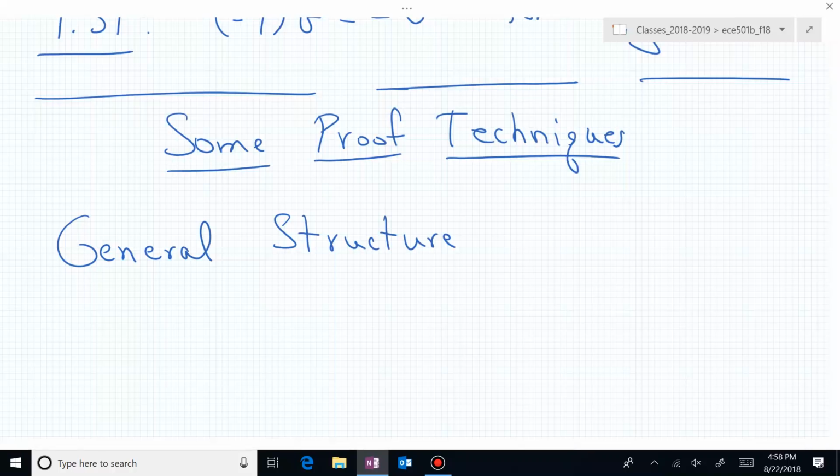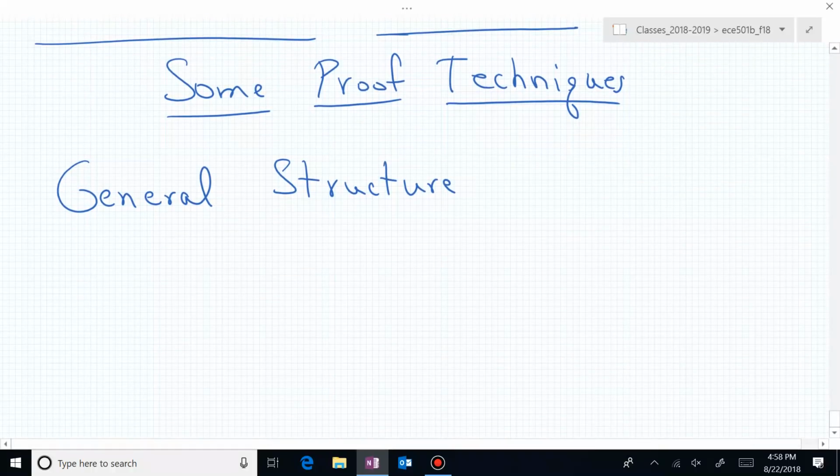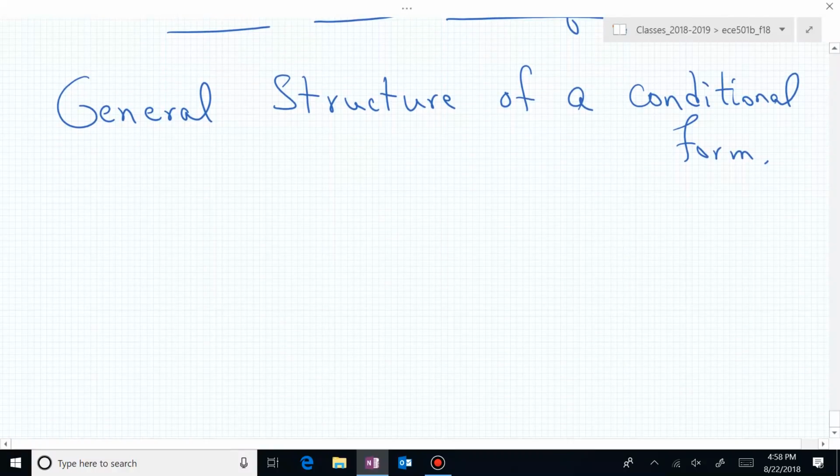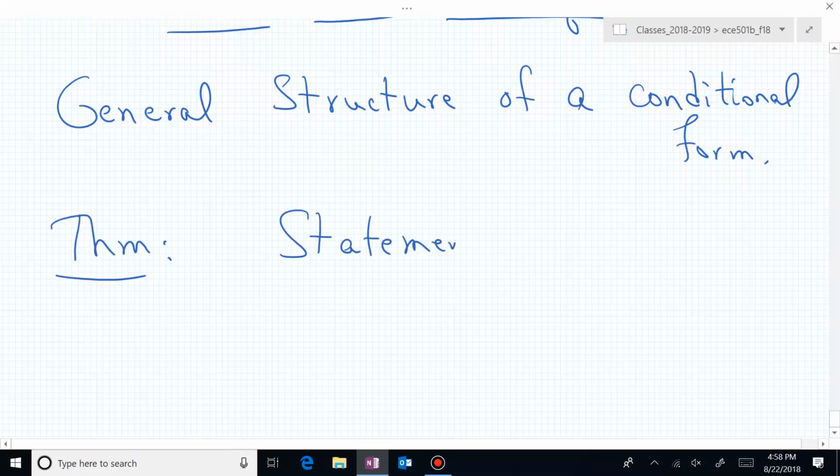There are other ways of thinking about a structure, but let's concentrate for now on a conditional form. The theorems that we will look at really have one statement yielding a second statement. That will be our theorem.